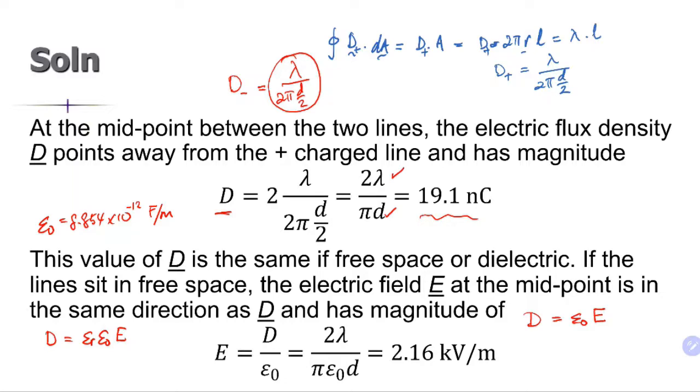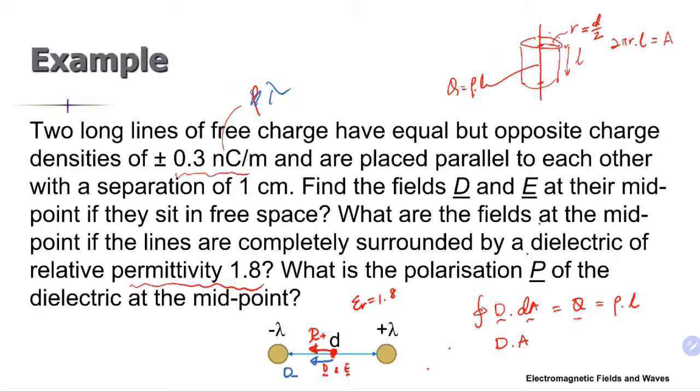Go back to the question. Okay, so the next one is asking what happens at the midpoint if the lines are completely surrounded by a dielectric of relative permittivity of 1.8.